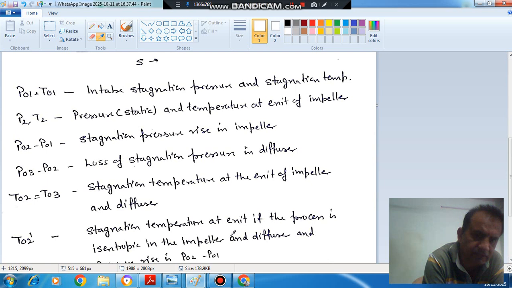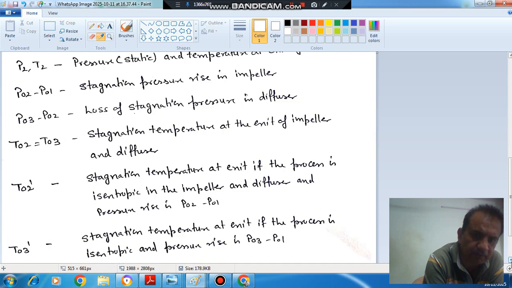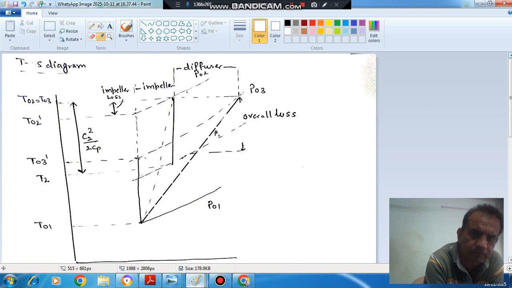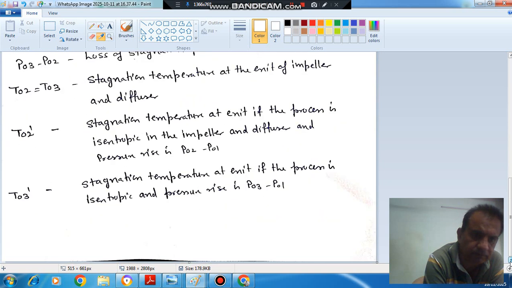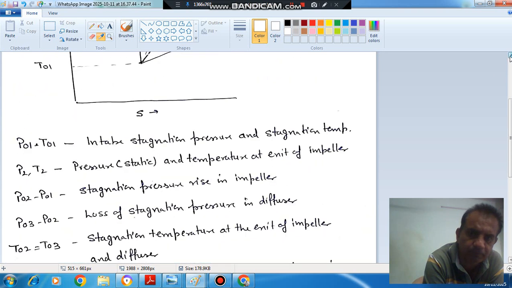T02 dash is the stagnation temperature at the exit if the process is isentropic in the impeller, and T02 dash minus T01 is the isentropic rise in temperature when the final pressure is P02. And the last one is T03 dash, the stagnation temperature at the exit if the process is isentropic and the pressure rise is P03 minus P01.